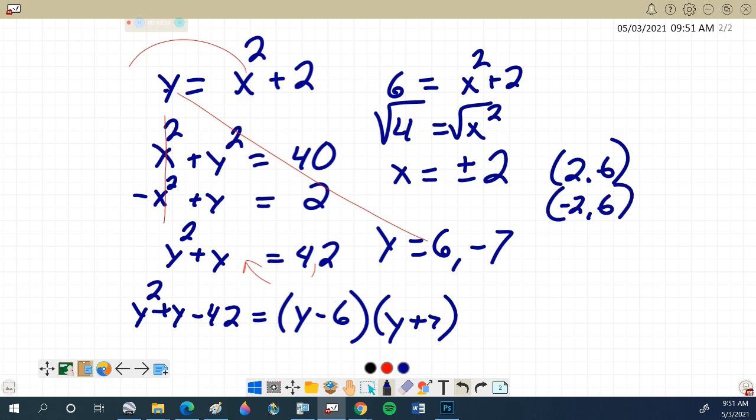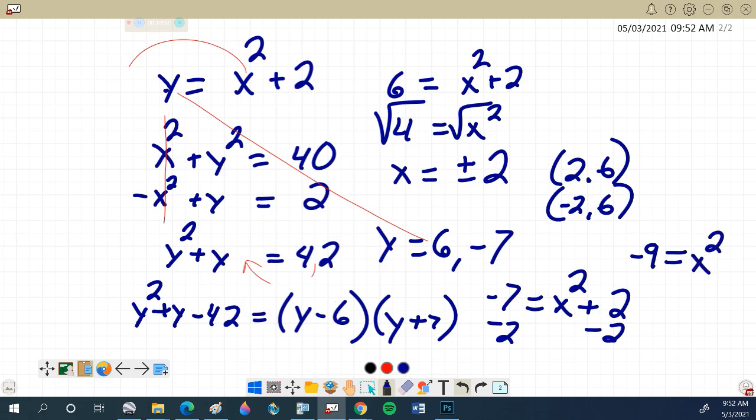other way. Now I plug in negative 7, so negative 7 equals x squared plus 2, and we subtract 2, and I get negative 9 equals x squared. And that can't happen, right?